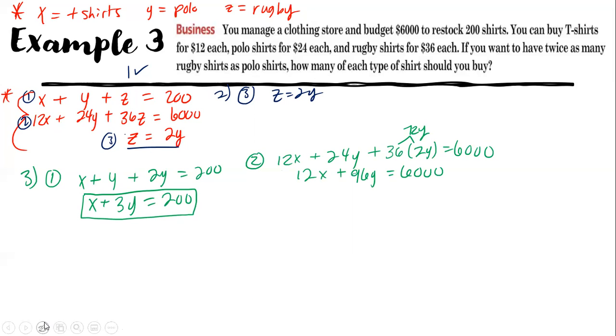So if you do not want to work with 6,000 all the way through, you can go ahead and divide everything by 12. If you choose to do that, then instead of working with this, you're working with X plus 8Y equals, is it 500? Yeah.